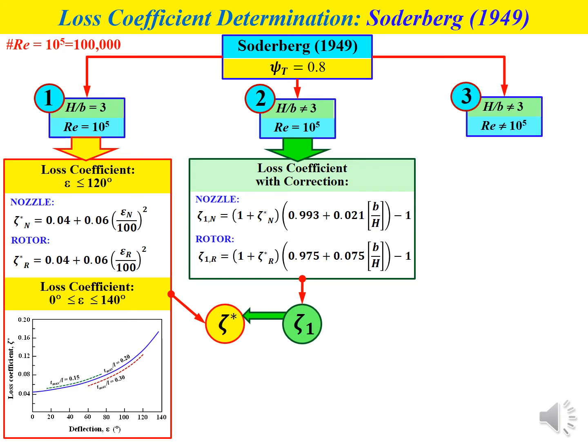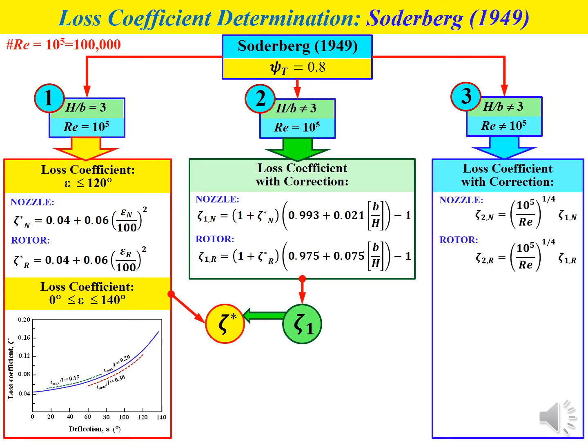For the third case, the aerodynamic load coefficient is still equal to 0.8. However, the value of H over B is not equal to 3, and the Reynolds number is also not equal to 100,000. So Soderberg suggests the third correlation, which also already includes the correction. We can determine the loss coefficient for the third case by referring to the equation for the nozzle, zeta 2n, and for the rotor, zeta 2r.